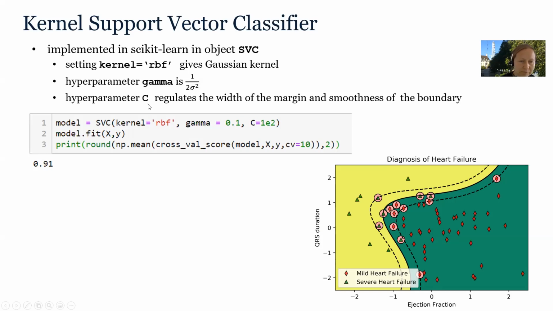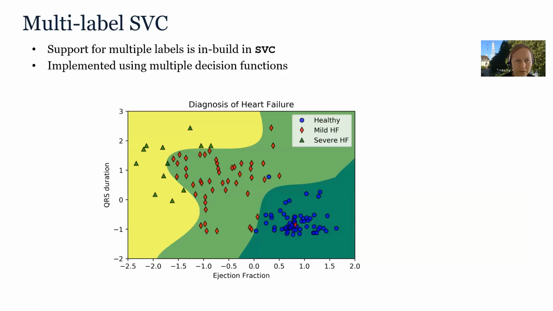And hyperparameter C, we know already, regulates the width of the margin and smoothness of the boundary. There is inbuilt support in SVC for multiple labels. And the multi-label classification is implemented using multiple decision functions.